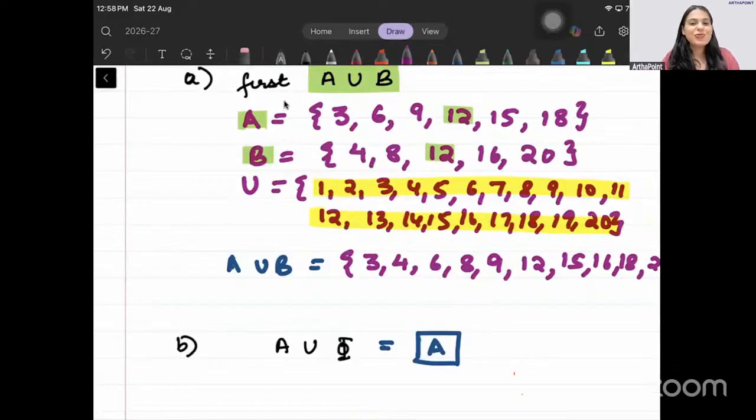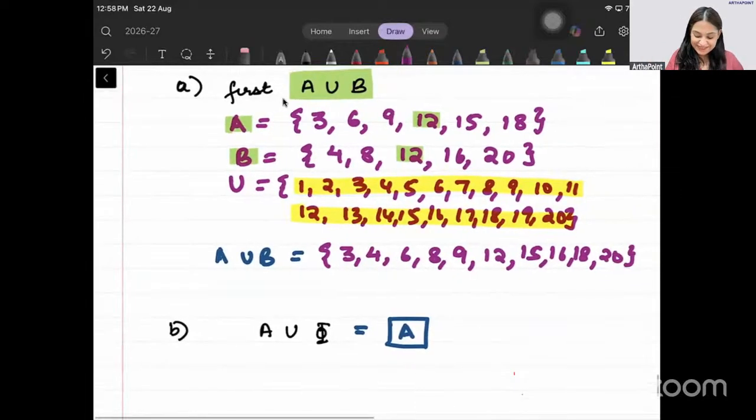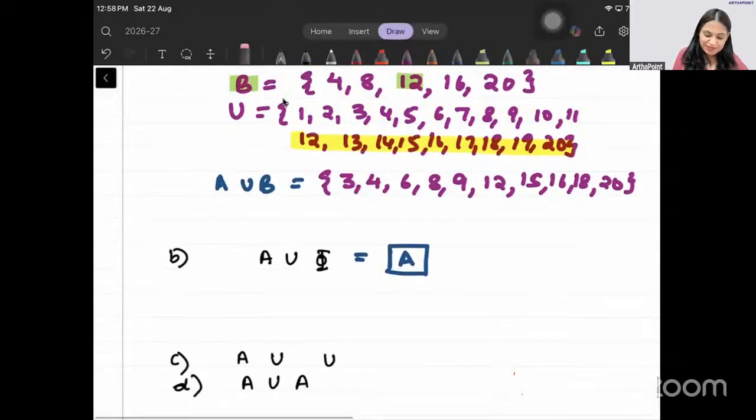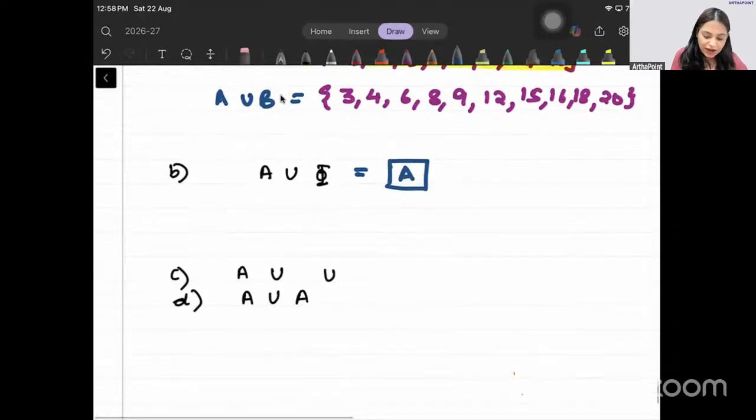Sometimes by looking at the comment, it's okay. So I just looked at the comment and I just said, okay, you have done it correctly. Okay, no problem. So this is A union B. Then A union the null set was A. Now A union the universal set.